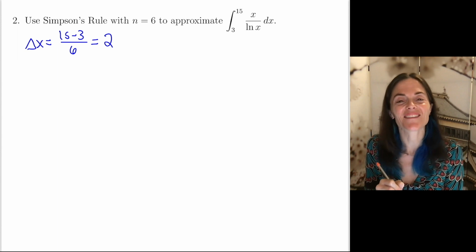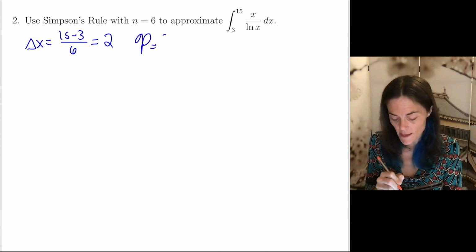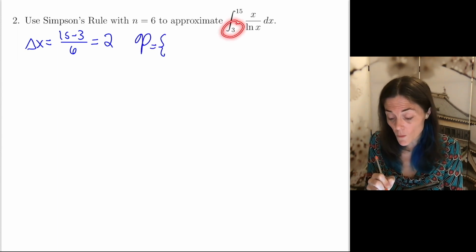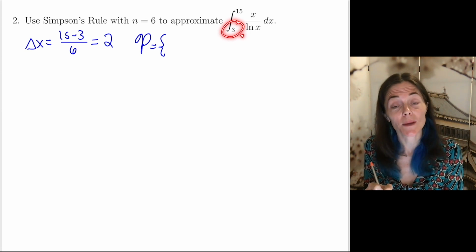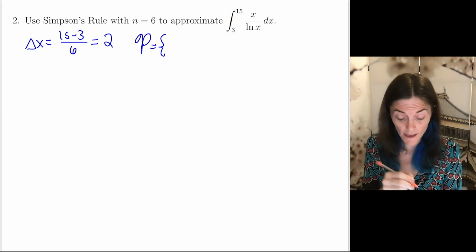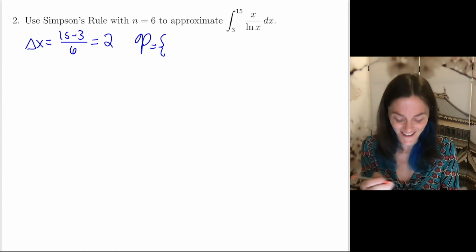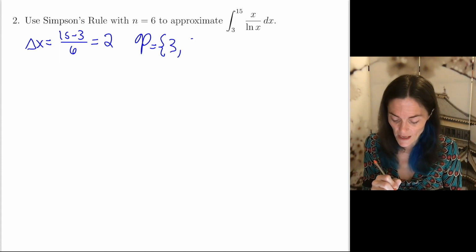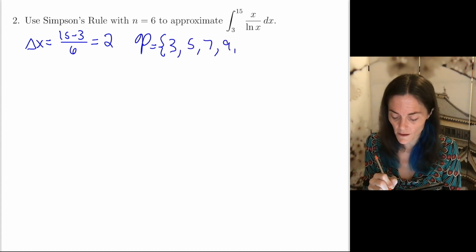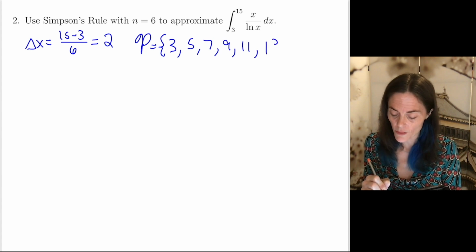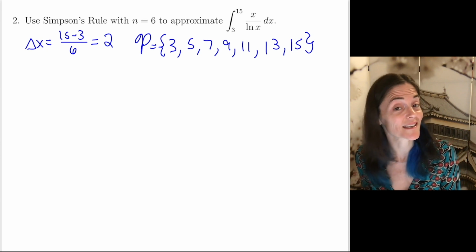Then, after we have delta x, we write down our partition. So we start with the lower limit of integration, and we march forward by delta x until we hit the upper limit of integration. So this would be 3, 5, 7, 9, 11, 13, and 15. And we should have 6 subintervals here.